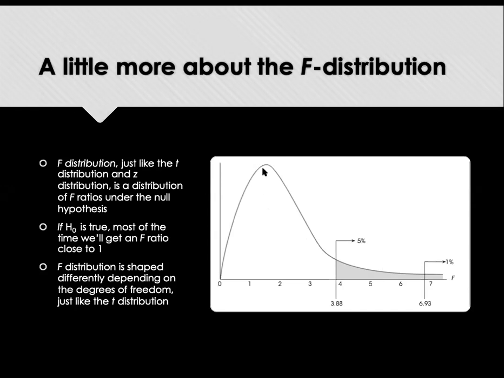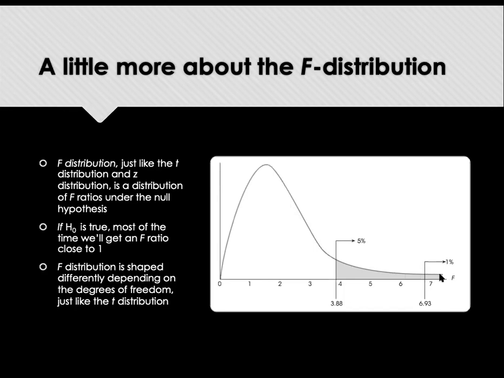When the null is true, most of the time you'll get an F ratio that's 1 or really close to 1. And then you'll see the F values get larger and larger, and there's a tail on the right hand side of the distribution. So positive skew.